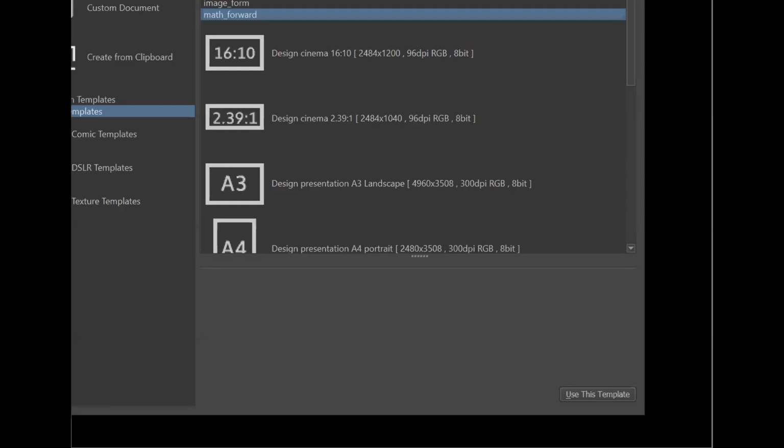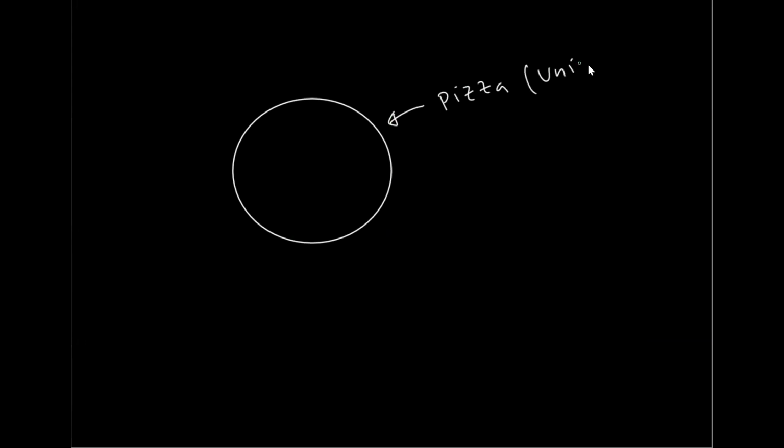One more question. You should be able to give answer very quickly. So let's say I have, let's consider this is a pizza. And the pizza we are considering as a uniform disk.